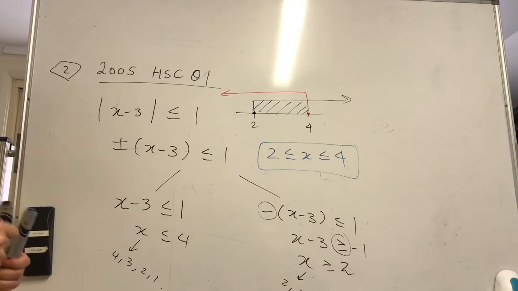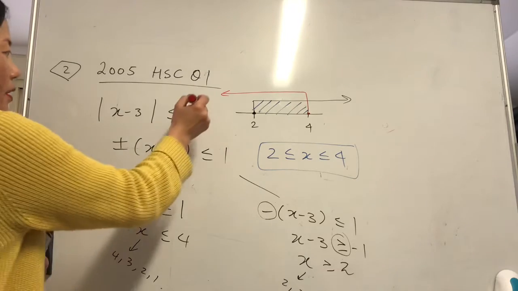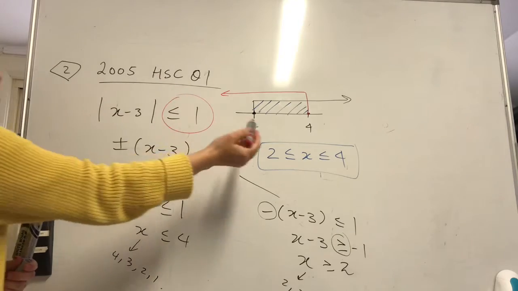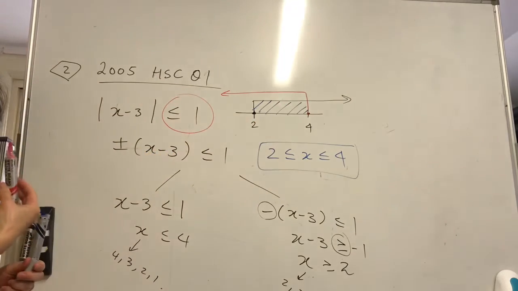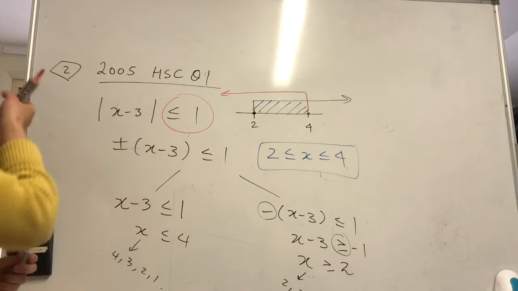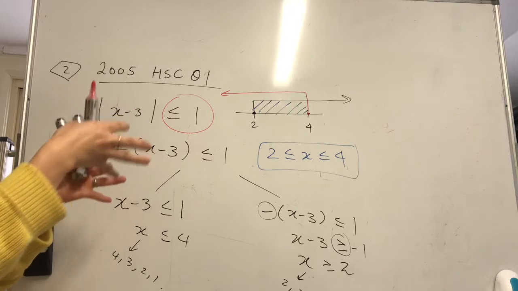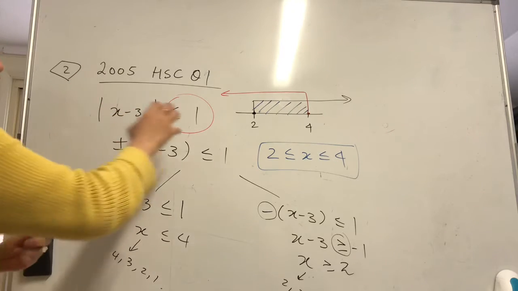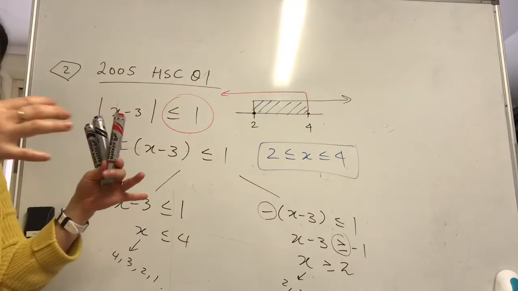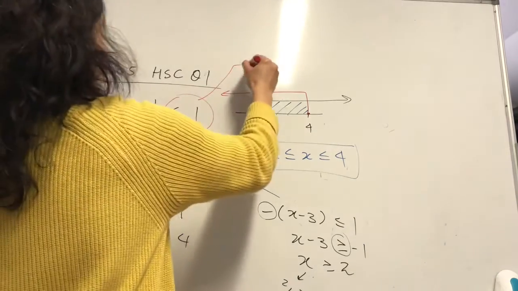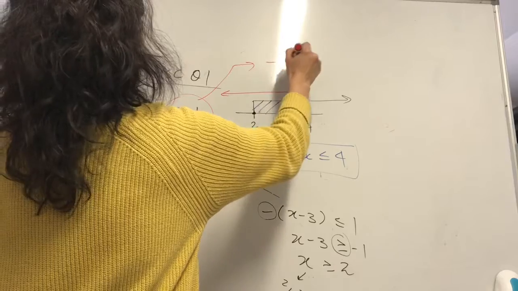I'm going to show you the shortcut. Anything less than something, it's in between. If you think about it, if it's at less than 1, it's almost like this. Can I just say?